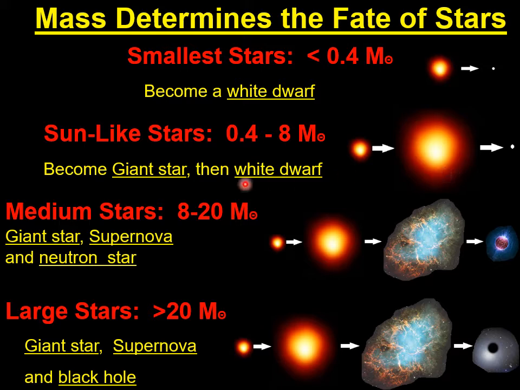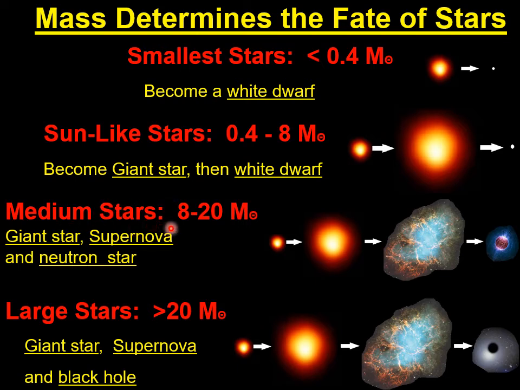And then after the giant star, the core of the star, the central part at least, will shrink down and again become a white dwarf, as is shown over here. So this is again a fairly peaceful death, although there is this swelling phase here that we'll talk about soon.